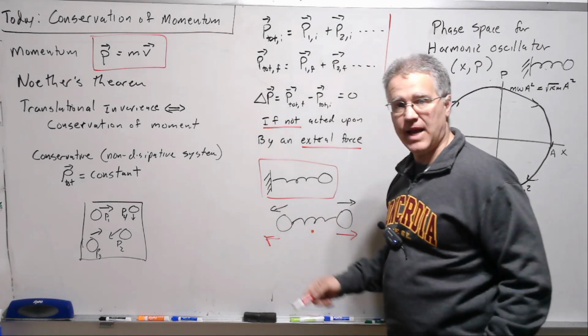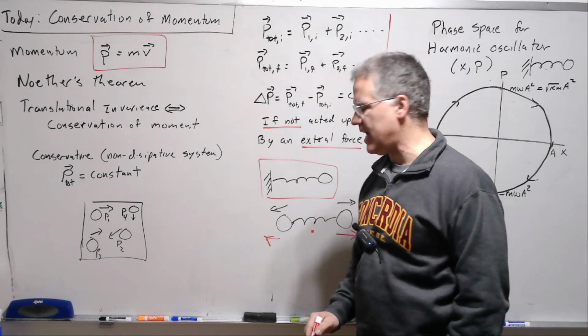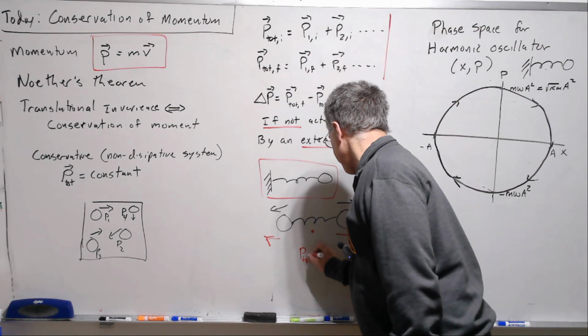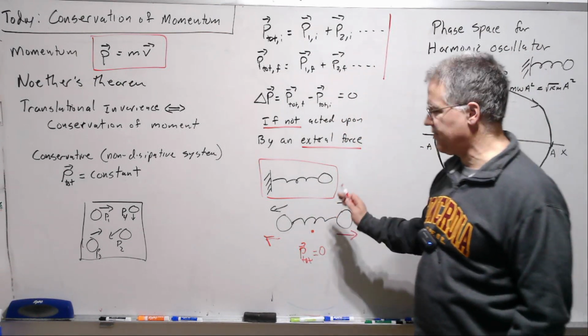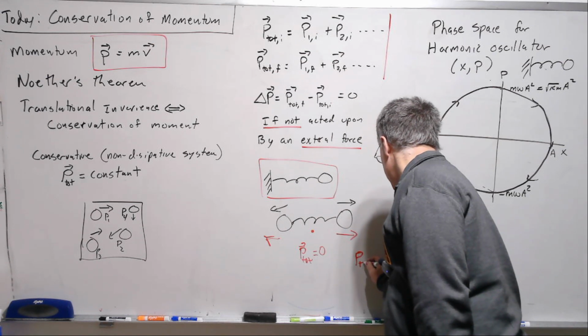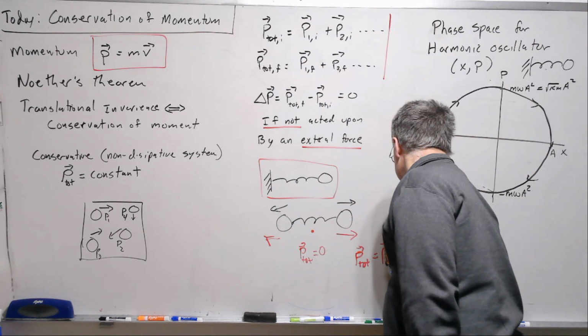in the center of mass system, the system that's moving along with the center of mass, the total momentum equals 0. And if the whole thing is moving, then the total momentum will just equal the momentum of the center of mass.